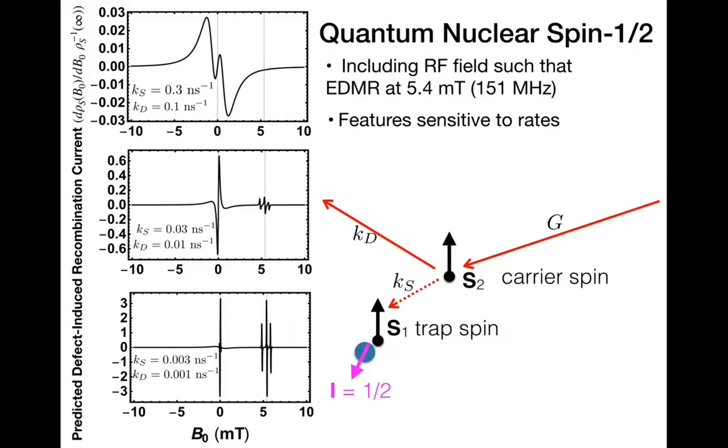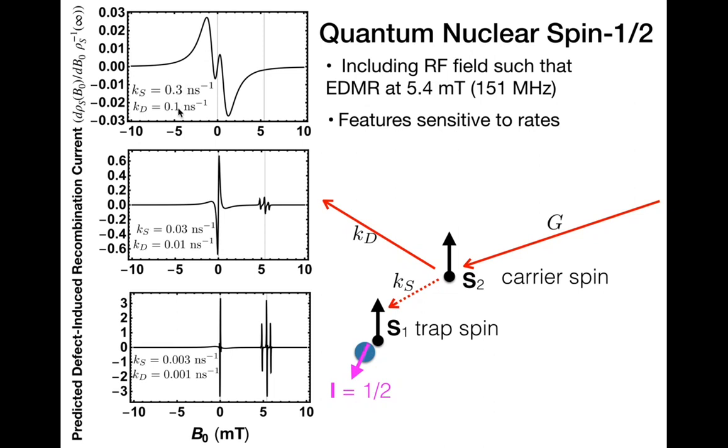All right, so here's a calculation of the quantum model, spin 1/2, also including EDMR, because that can be easily incorporated into the theory. These are different values for the parameters Ks and Kd, the capture or dissociation rates. And you can see they depend strongly on them.